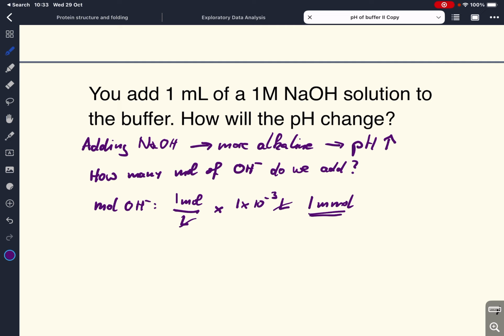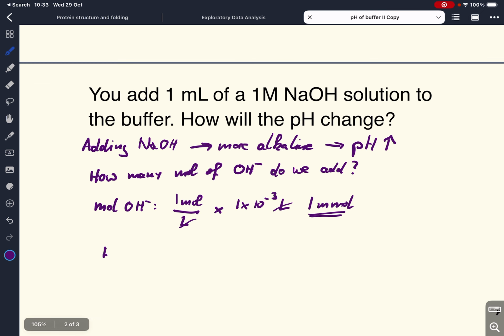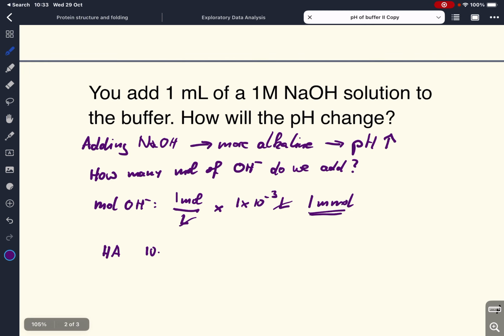So what happens now with our buffer? We set our starting amount of acid, so HA, that was at the start, we had 10 millimole, and likewise the base, we had 10 millimole.